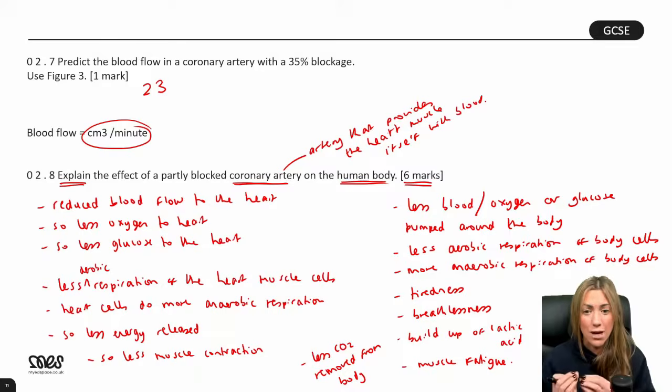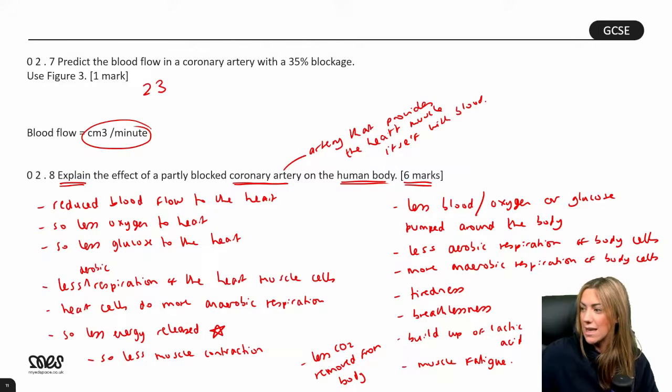Now, for level 3, students must explain the effect of reduced oxygen or glucose on respiration. They've got to mention respiration. They've also got to convey the idea that less energy will be released, and they've got to give some kind of consequence for the body.